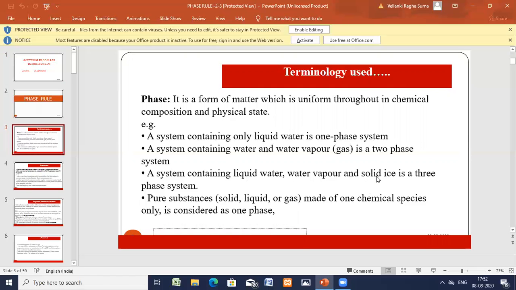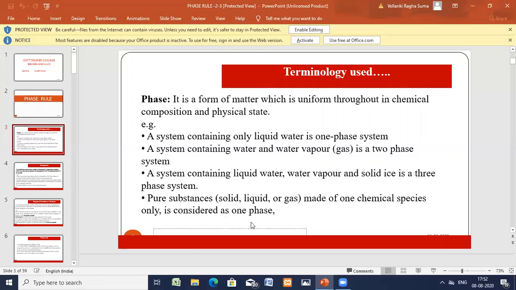Therefore you have three phases in this system. It is a three-phase system. Pure substances, solid, liquid or gases, are all made of chemical species, and each is considered as one phase. So now you have got an idea what a phase is.